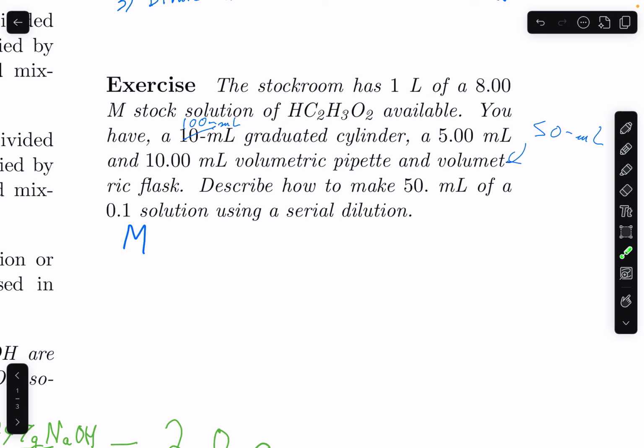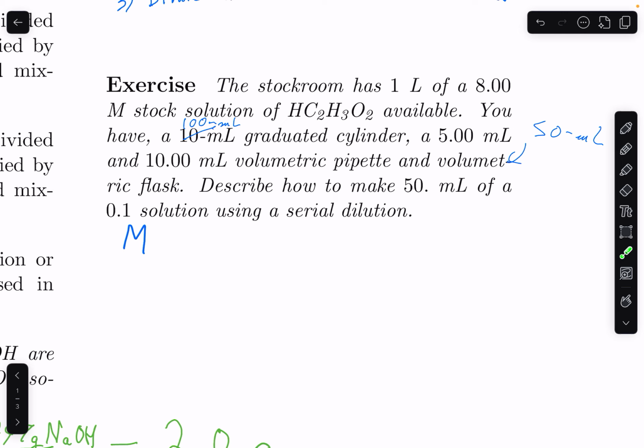So you could measure out, maybe 20 mils, and you could do that with a good deal of precision, and then dilute it down, and you'd end up with a ton of your final solution. But then you could take 50 mils of it, and you'd have what you want, but you'd have a lot of extra, so that's wasteful.